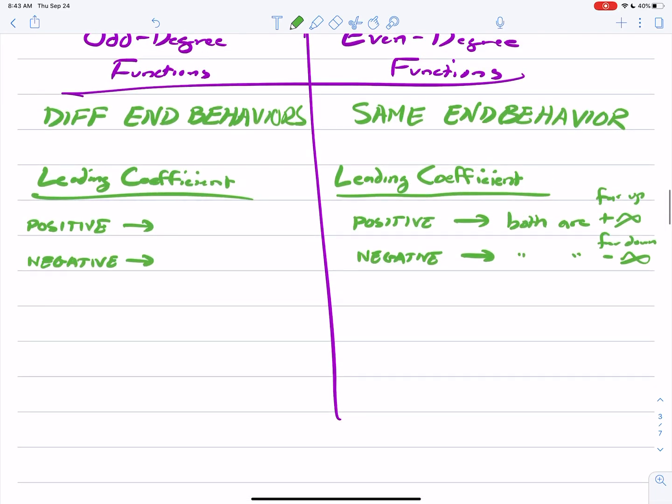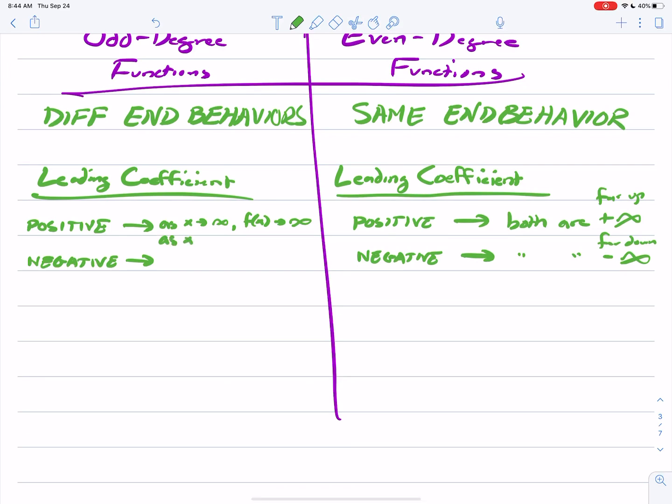Okay, so as x goes to infinity, okay, so this is not exactly limit notation. It's just a different way of reading it. But again, get used to limit notation, okay? So as x goes to infinity, we notice that f of x went far up to infinity, okay?